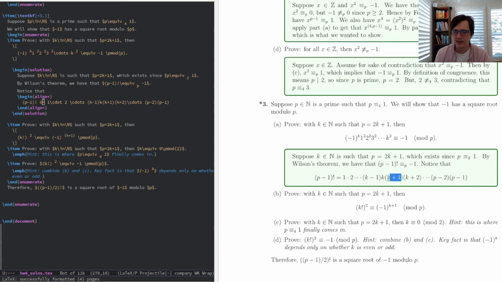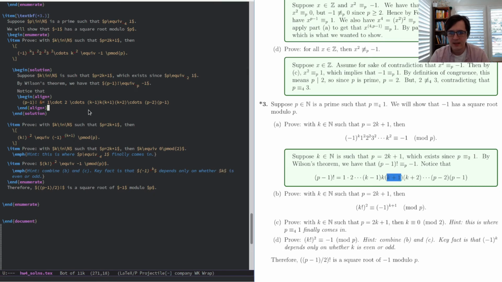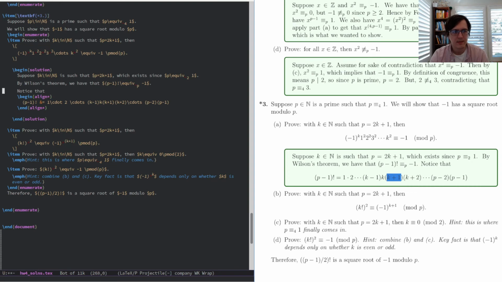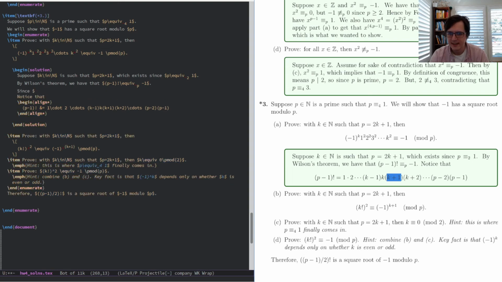So since k plus 1 is equal to, it should be p minus k, because if I add k to both sides, then I get this equation.